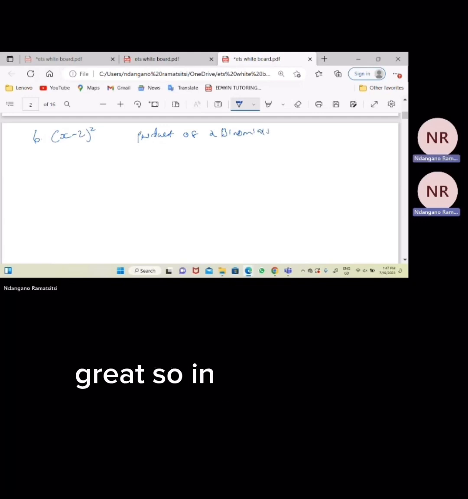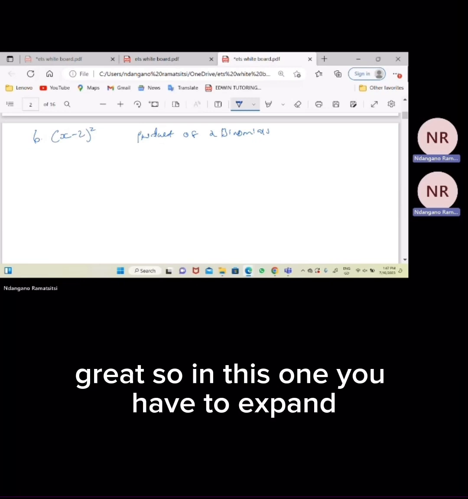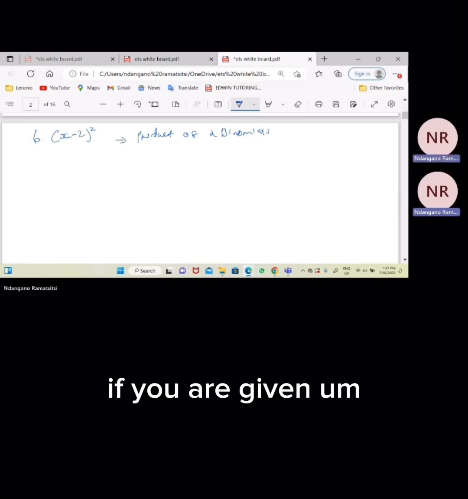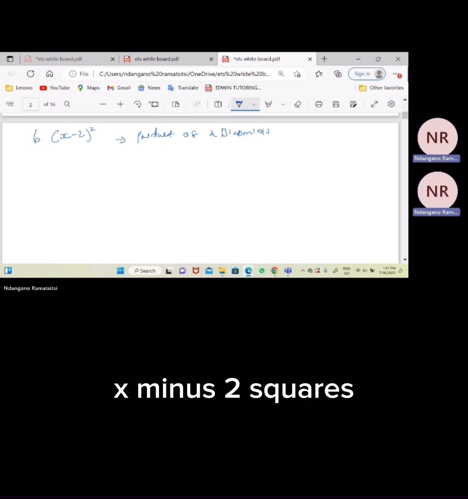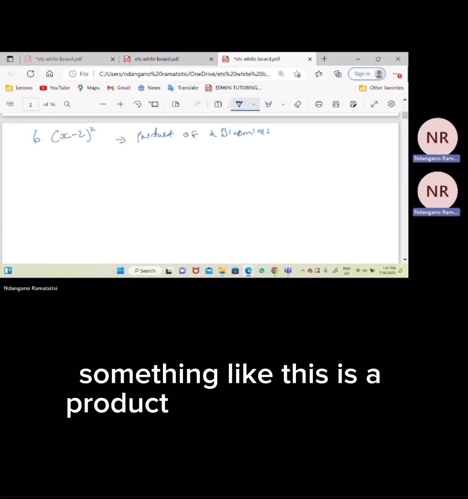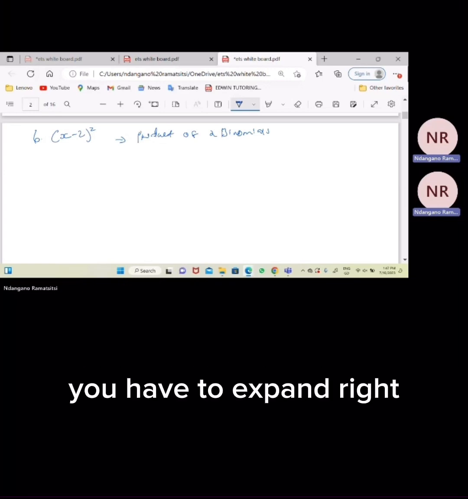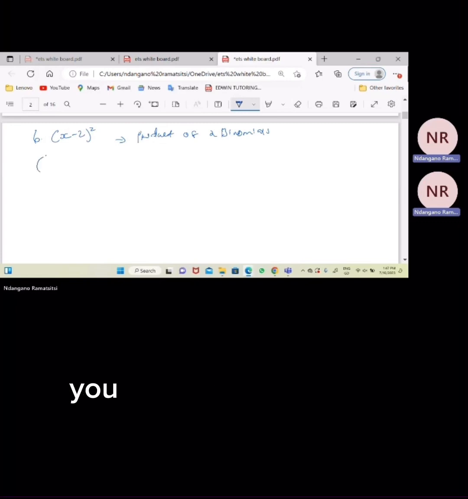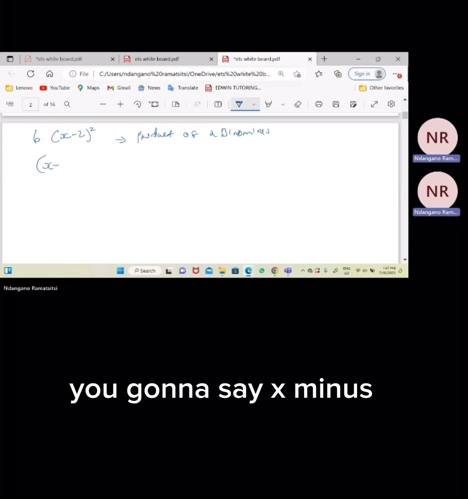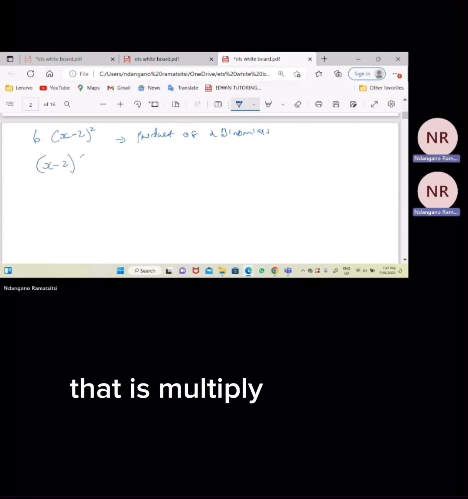Great. So in this one, you have to expand. If you are given x minus 2 squared, something like this, as a product of two binomials, you have to expand, right? So when you expand, you're going to say x minus 2, that is multiplied by x minus 2.